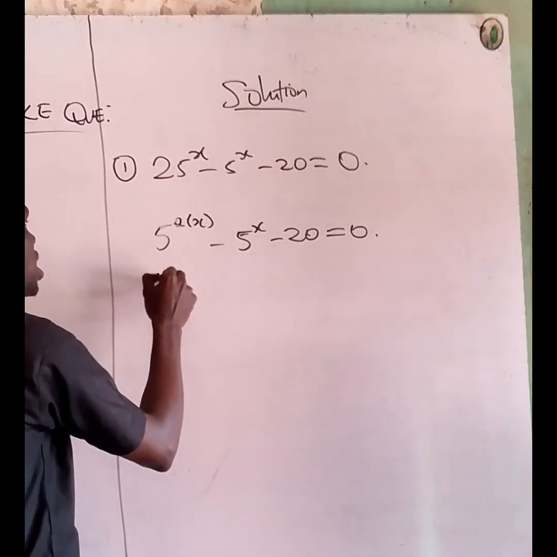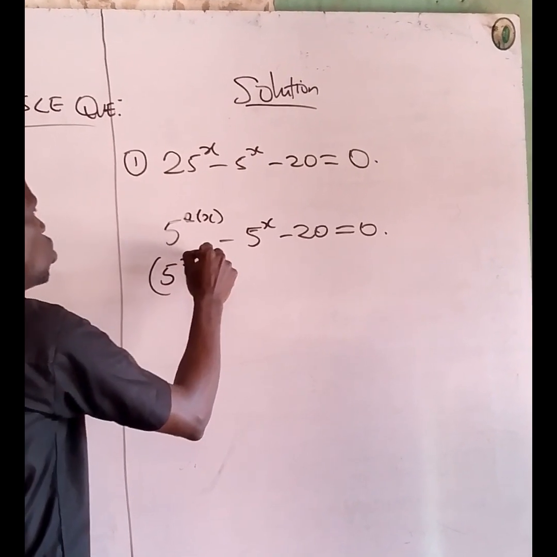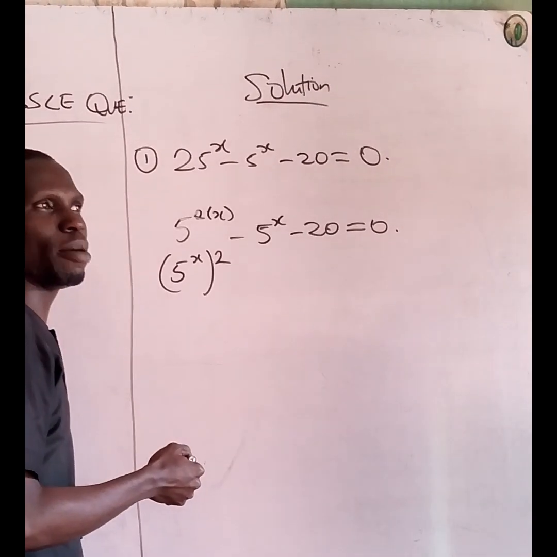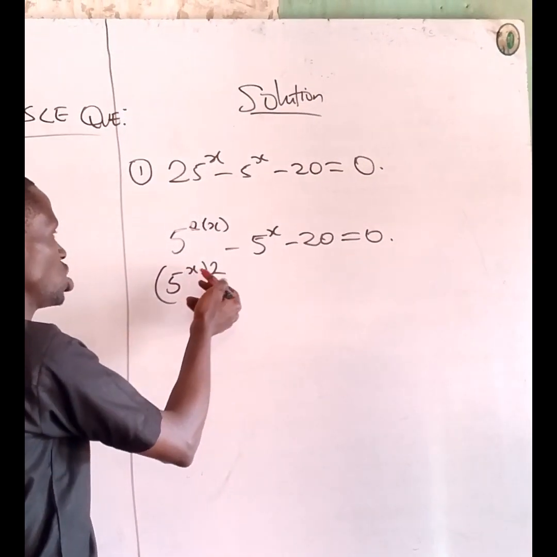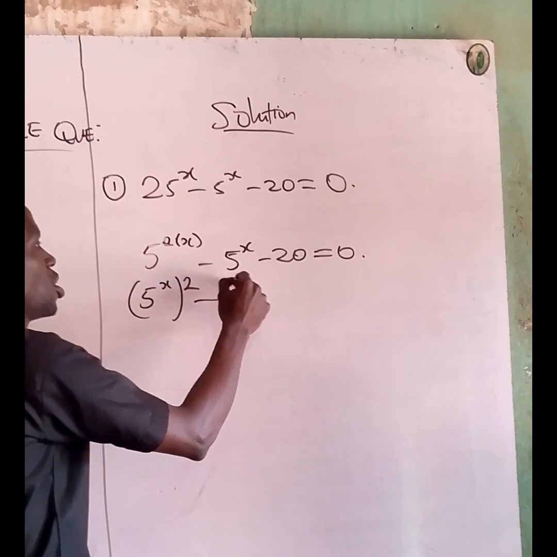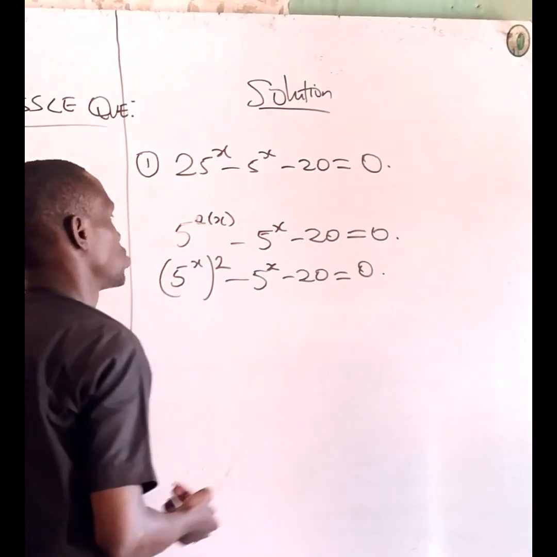This is the same thing as saying 5 raised to the power x, all to the power 2. You still remember the product index law. So this is taken as 2 times x to give us 2x. So this is 5 raised to the power x, minus 20 equal to 0.